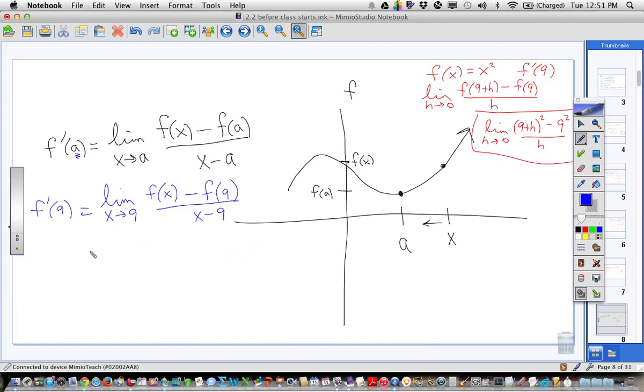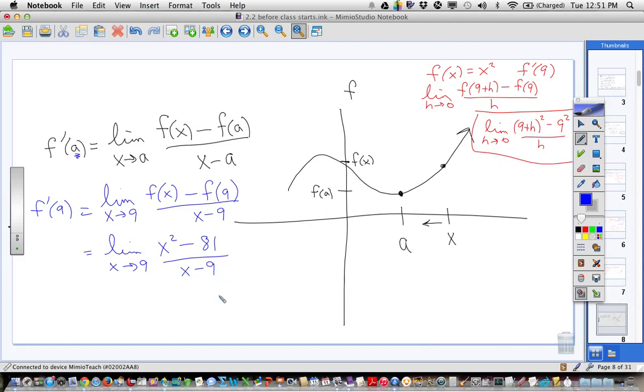Now, the next step, and that would be if we're going to show that step, which I don't mind. Okay, so this would be the limit as x approaches 9. Now, what would we substitute for f of x? It's just x squared, right? F of x is x squared. So it'd be x squared minus, and what's f of 9? 9 squared is 81, all over x minus 9.